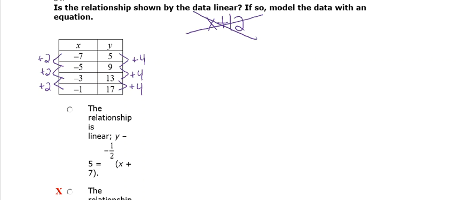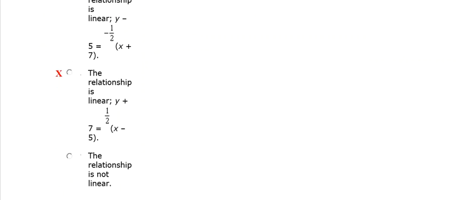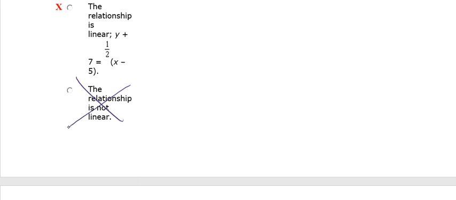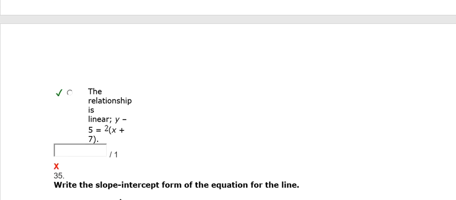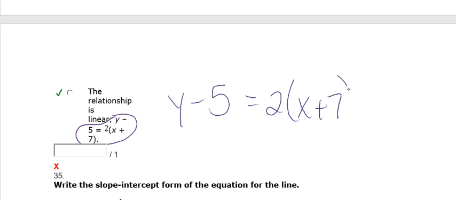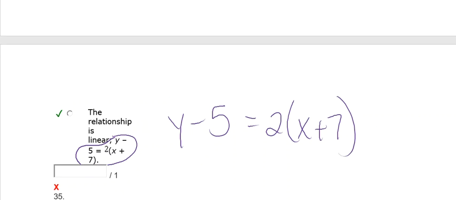Well, here's what's great. This is multiple choice. So if we look at, not the second to last option, if we look at, and this is going to be kind of hard to see, I'm going to circle this. It's ugly. y minus 5 equals 2x plus 7. Sometimes it's tricky to get this stuff into a Word document. So that's the right answer.